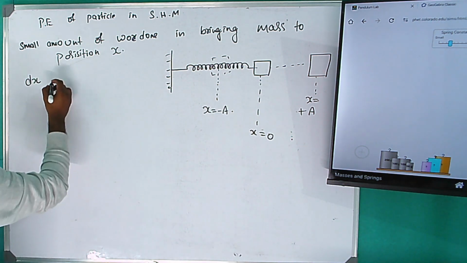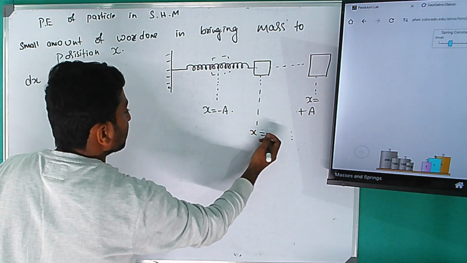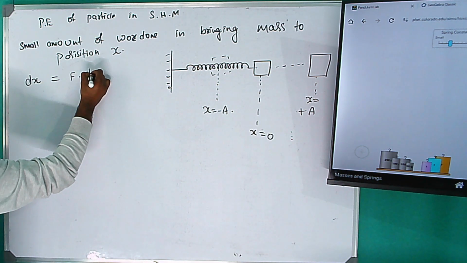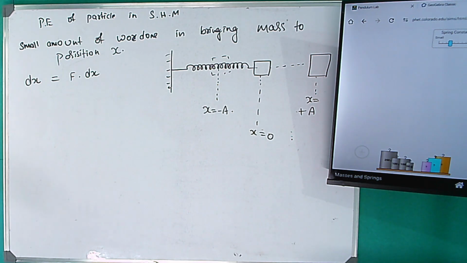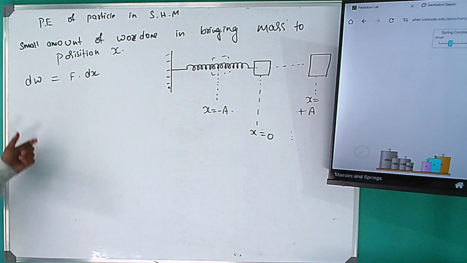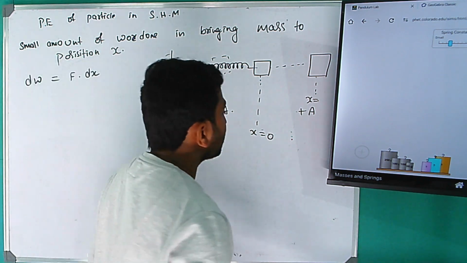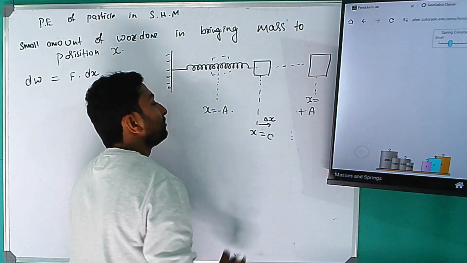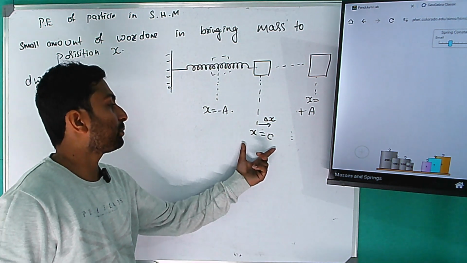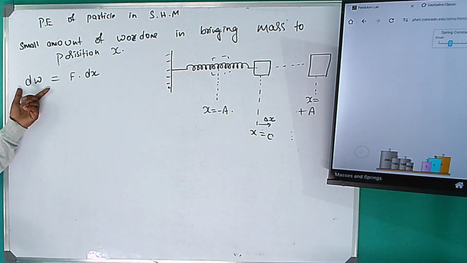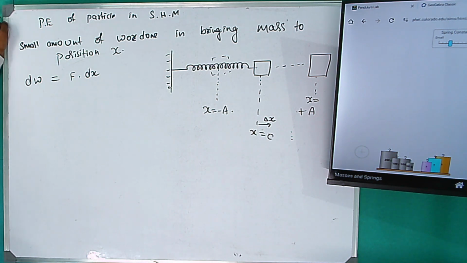Small amount of work is given by, I give a small displacement. Work is equals to force dot displacement. Force dot, sorry, not dx, it is dw. Small amount of work done is equals to force into small displacement.